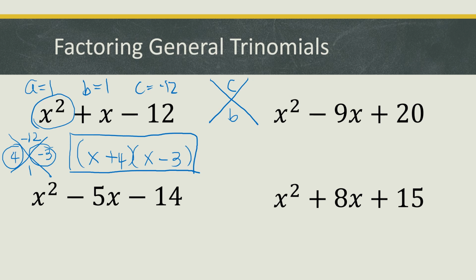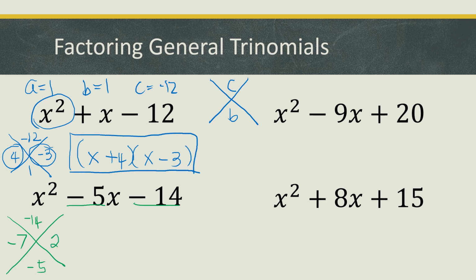Second example, we have here negative 14 as the value of c and negative 5 as the value of b. So what are the factors of negative 14 that when we add, we will get negative 5? And those are negative 7 and a positive 2.